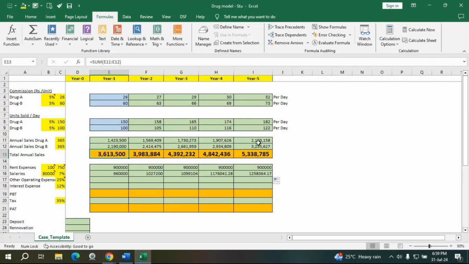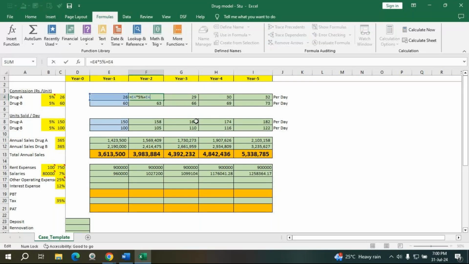Decimal values are being shown in the annual sales of drug A and drug B. Ma'am, the commission and units sold values are correct. Ma'am, oh, I didn't take that 27. I took only 26 rupees for the whole. Okay, okay, ma'am.